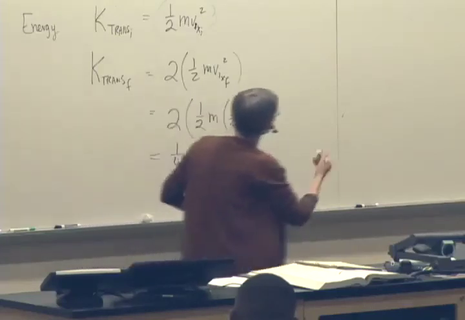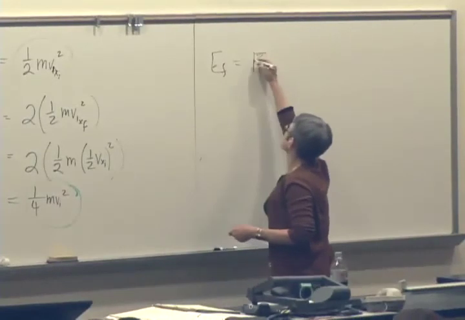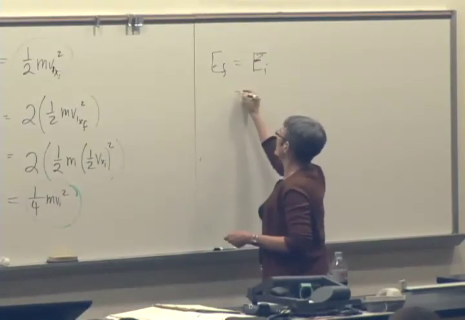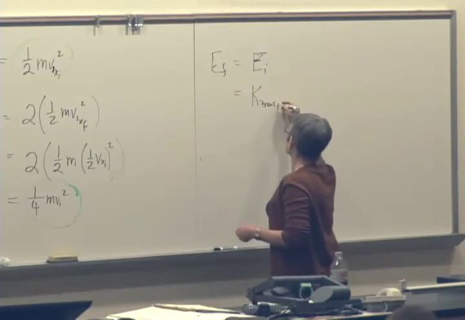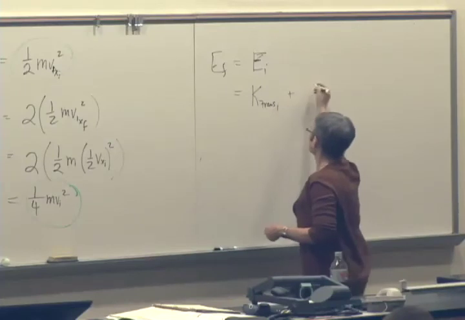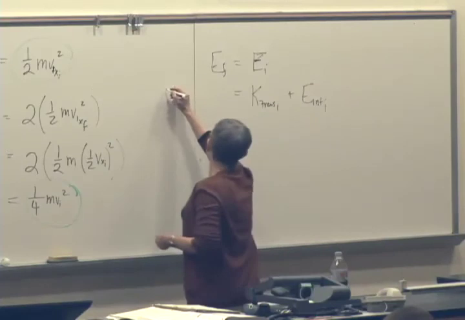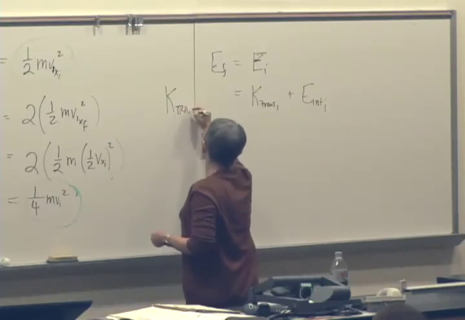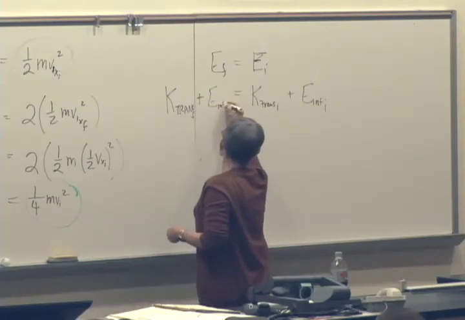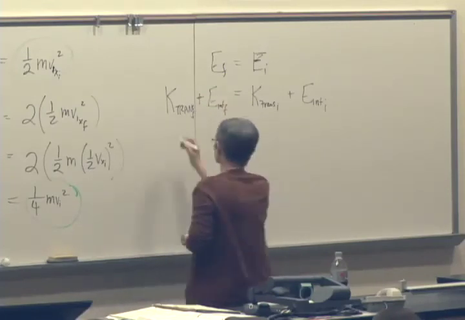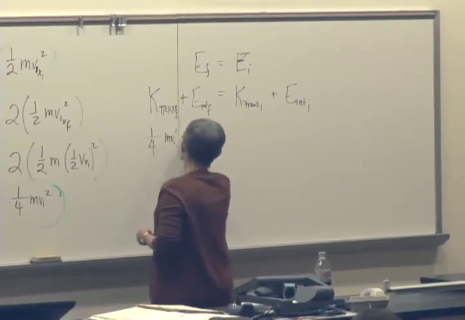So we can write the energy equation. E final is E initial, so we have initial translational kinetic energy plus initial internal energy. We have final translational kinetic energy plus final internal energy. This is a quarter m v initial squared.